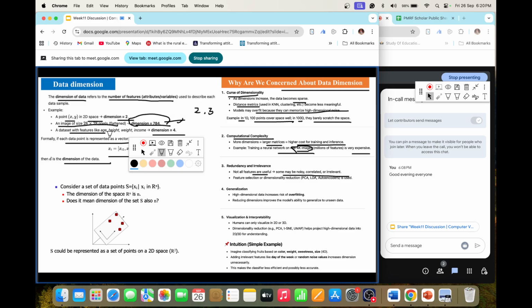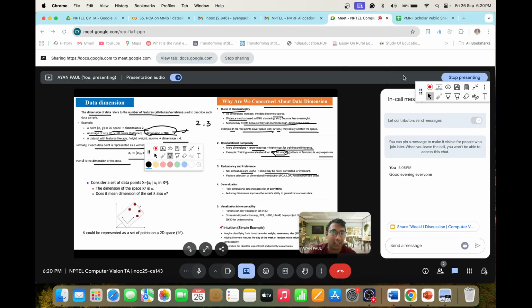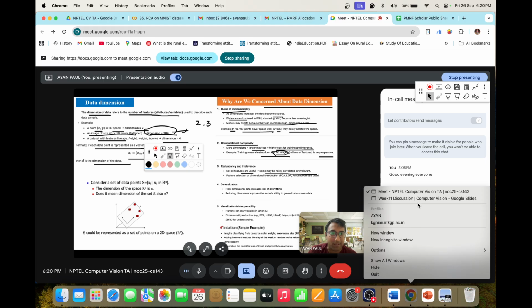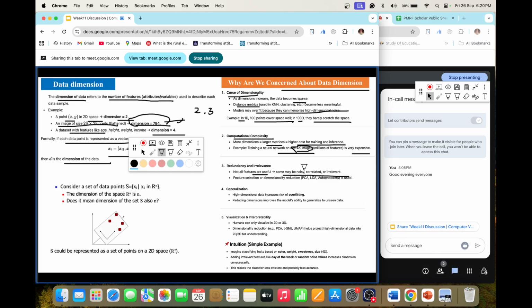But the number of houses he has does not have any influence on how he will play, right? So this is just a noisy feature. It is not required, and it will just make your computation more expensive. So that is another problem.